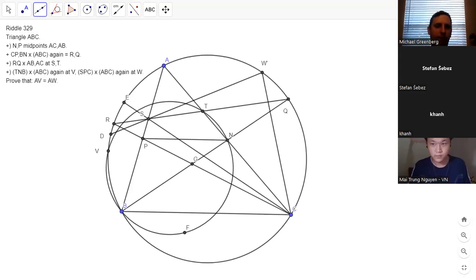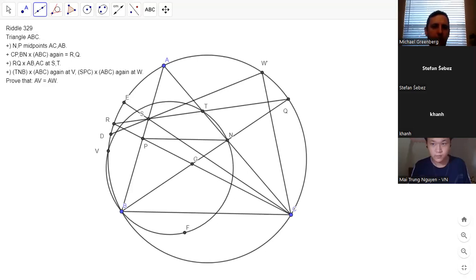Yeah, I don't know if introducing point E makes it easier or harder. So yeah, we know EP is a median.